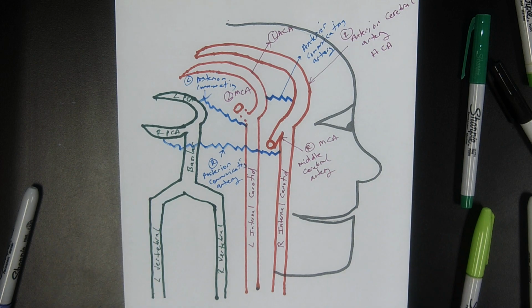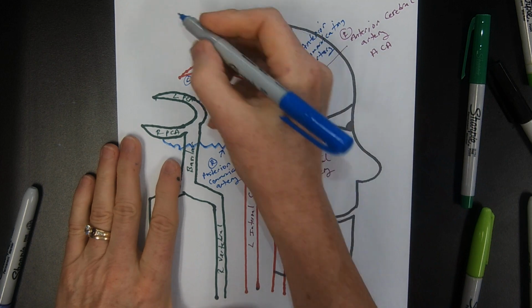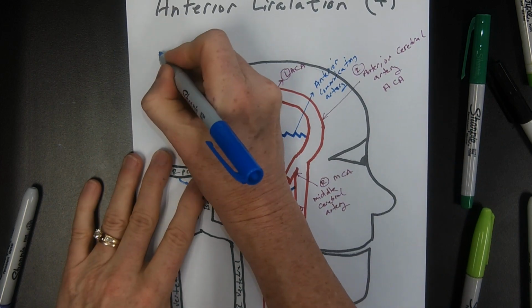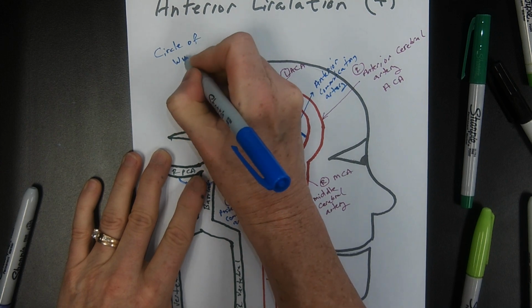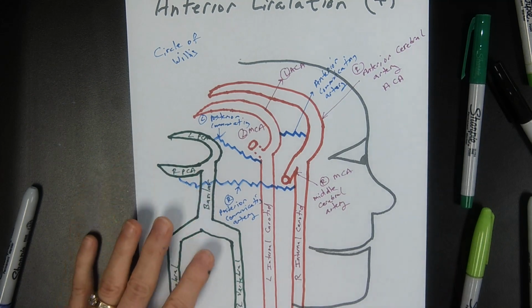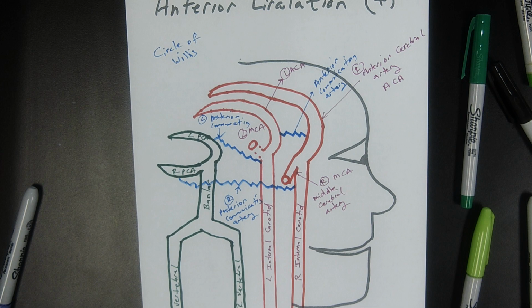That's the circle of Willis. We're going to look at the circle of Willis. I think it's hard to see this way, but when I started looking at it from above, I think it's more clear. So we'll look at it from above here in a minute.